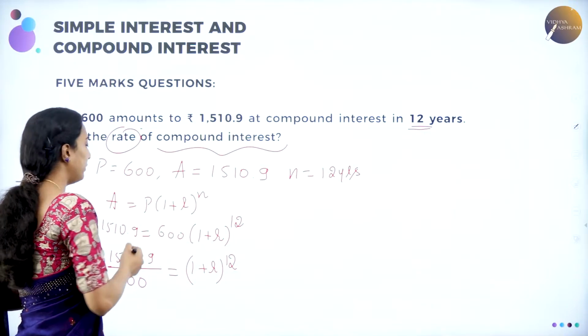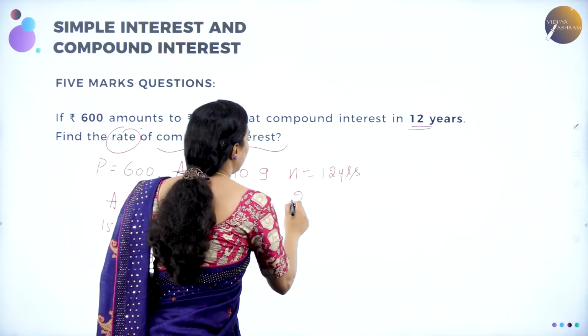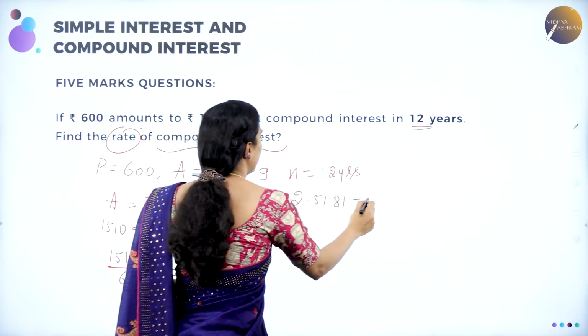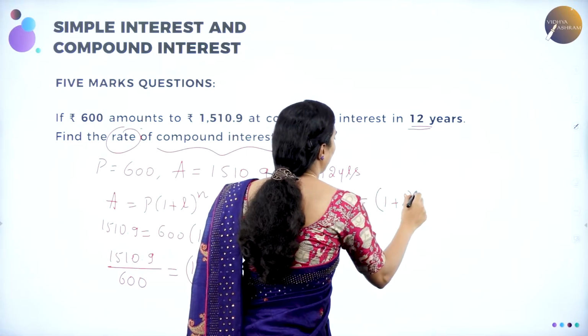Let me divide this. You are going to get 2.5181 equal to (1 plus R) whole to the power of 12.